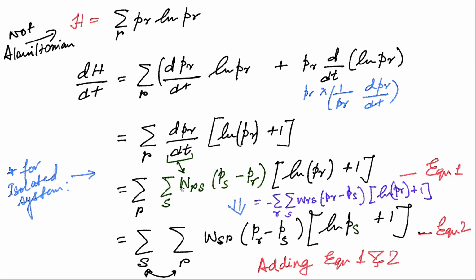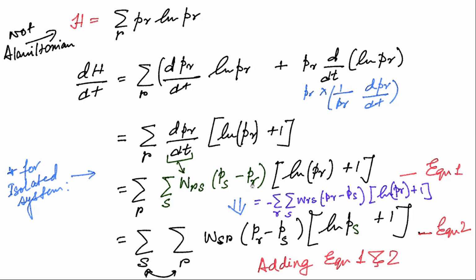Now this expression is being written in two ways. This is just an algebraic manipulation, and we'll see the reason because we'll write it in a certain form. All our attempt is to write it in a certain form and figure out whether dH/dt is increasing, decreasing, or what is happening.